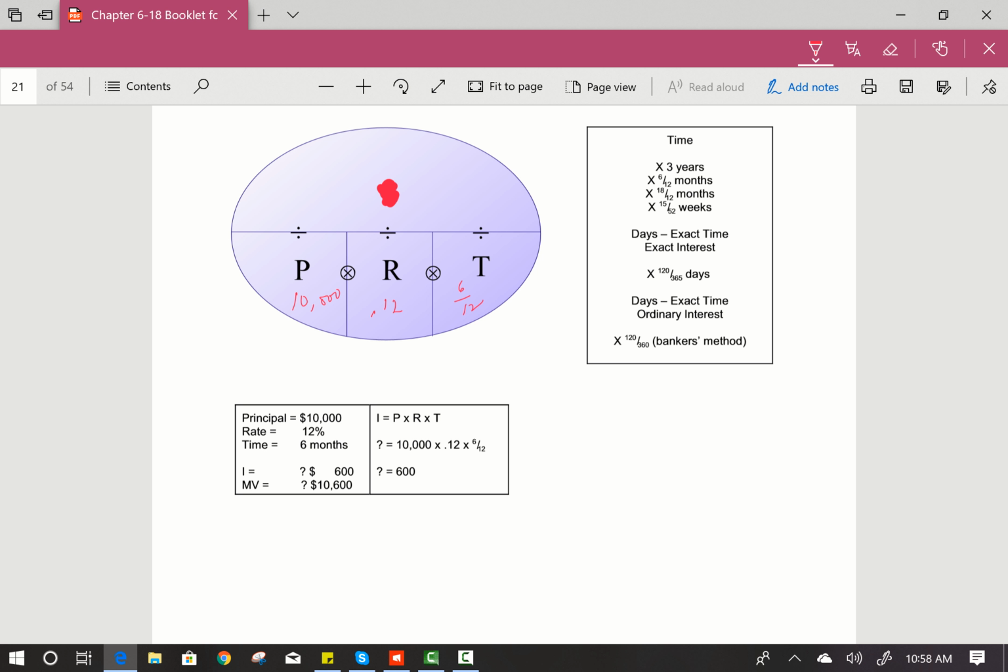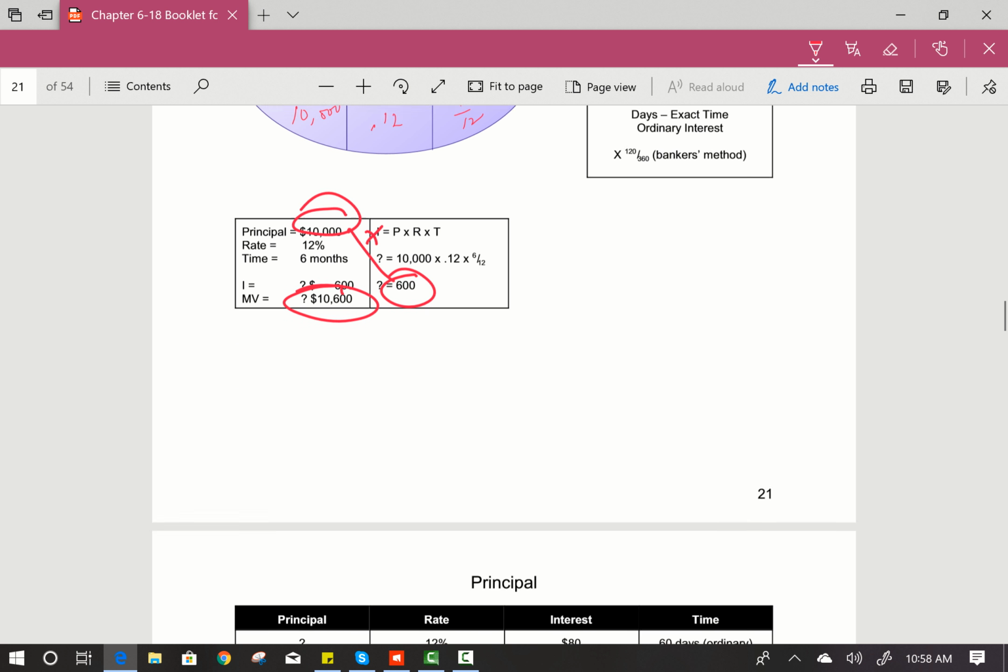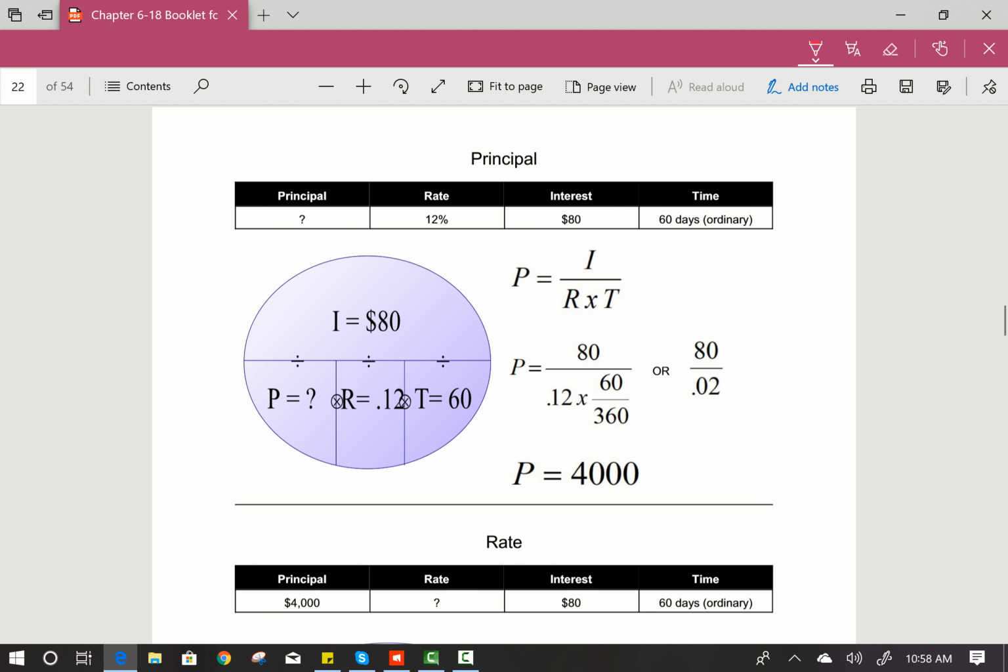So 10,000 times 0.12 times 6 divided by 12 on your calculator will give you $600 for the interest. Okay, then add 600 to the principal of 10,000. Those two added together will give you 10,600. That's the maturity value on this particular problem. Okay, let's go ahead and look at this for each of the specific components.